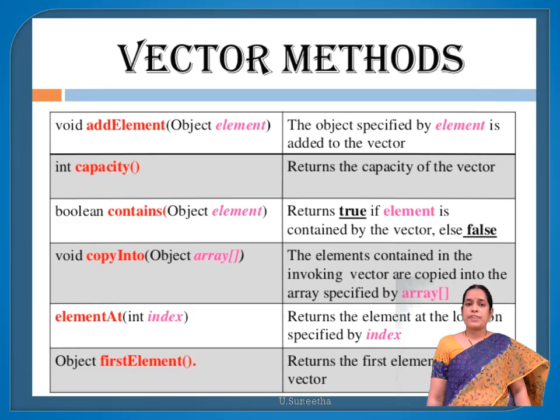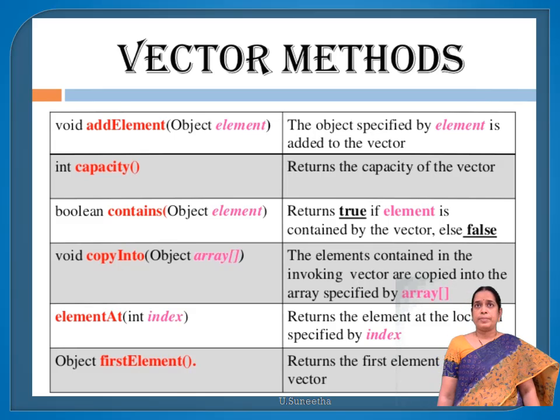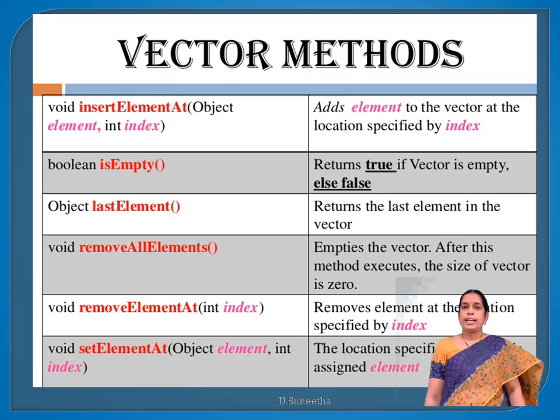The next one is firstElement. As the name specifies, we can retrieve the first element. We can insert an element, which is called insertElementAt. The next one is isEmpty: is the vector empty or not? The next one is lastElement, which retrieves the last element of the vector. The next method is removeAllElements.